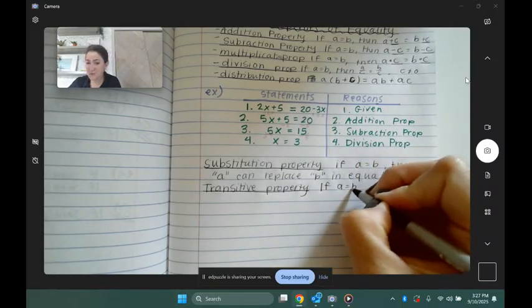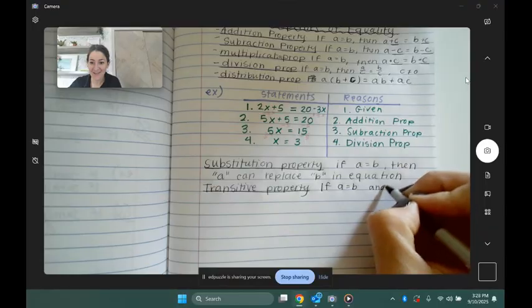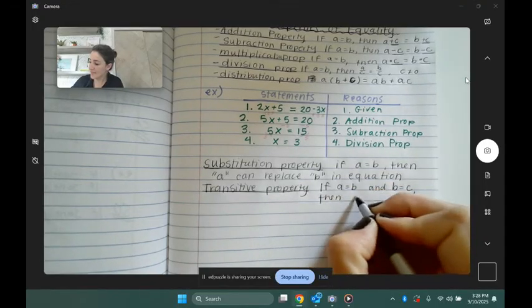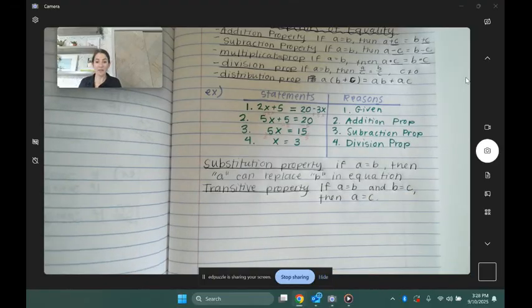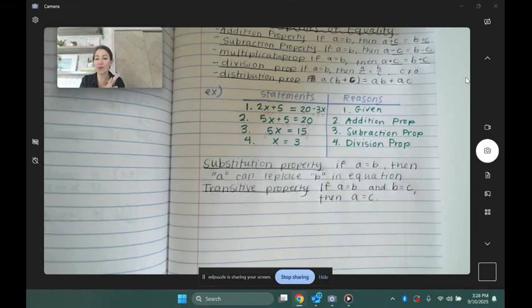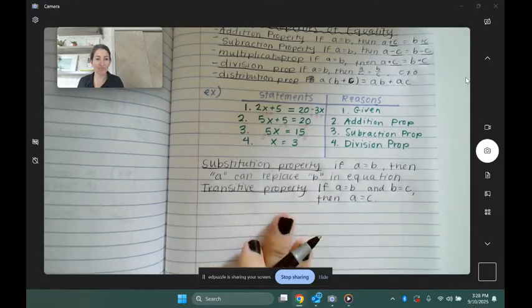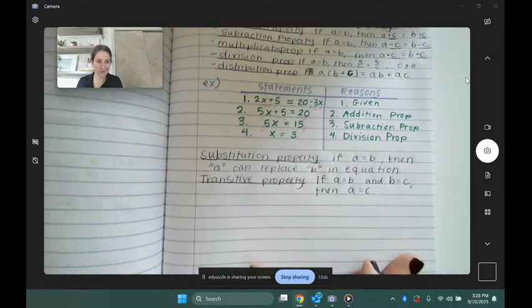If A is equal to B and B is equal to C, then A is equal to C. This property reminds me a lot of the law of syllogism. And the law of syllogism is just talking about, though, in words. We use transitive when I'm talking about equations. They're really the same thing.